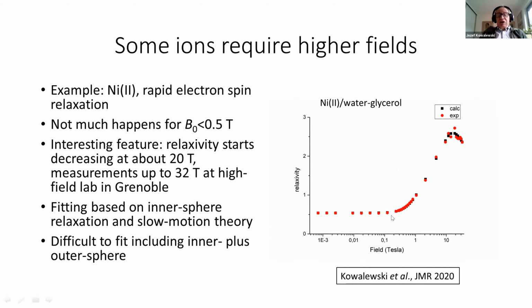Interesting things start at about half a Tesla and continue until more than 30 Tesla. And these are measurements from my group done together with many collaborators at the High Field Lab in Grenoble, where you can measure proton T1 at up to 32 Tesla.